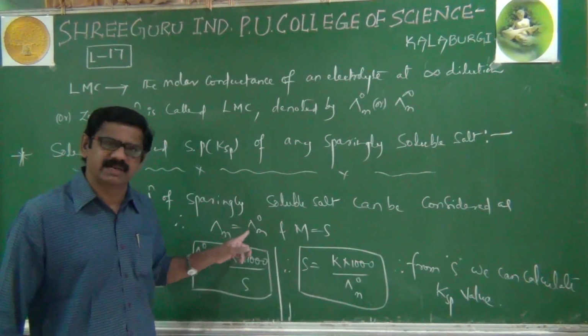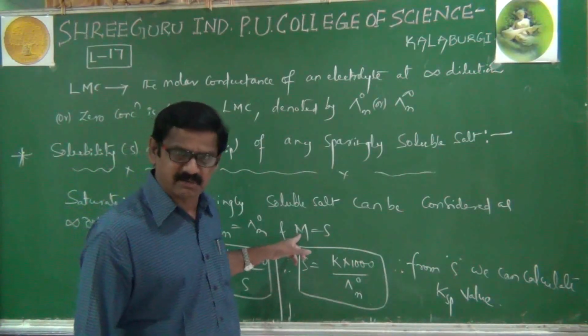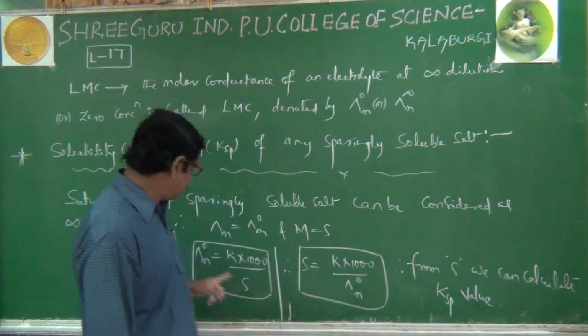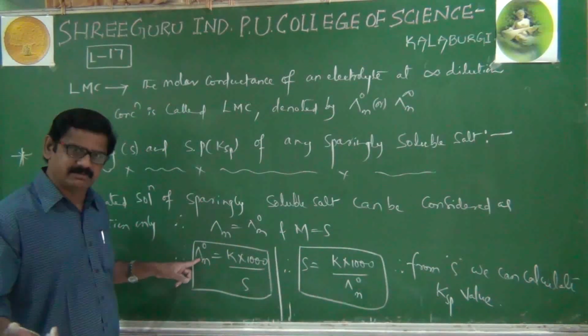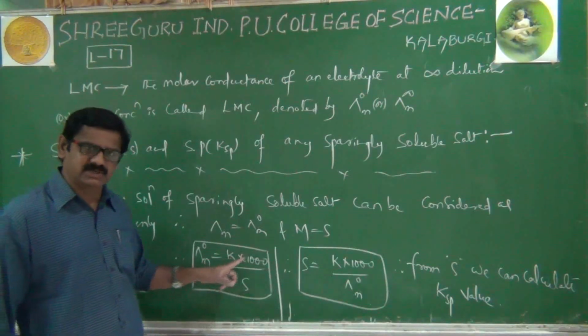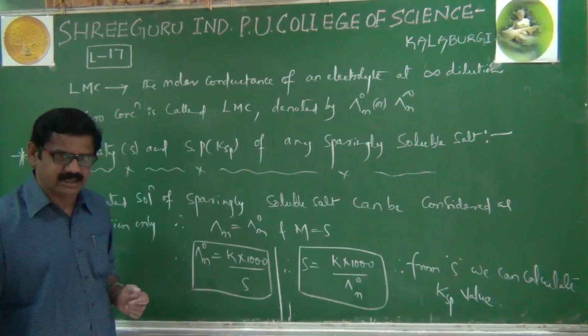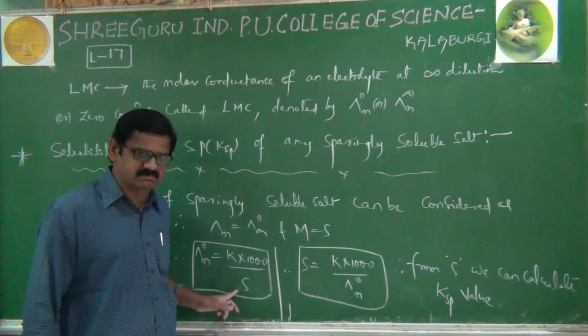Lambda m we can replace with lambda m naught, and molar solubility, nothing but molarity, we can also replace with the symbol S. Therefore, our molar conductivity formula lambda m or lambda m naught is equal to K into 1000 by S. Nothing but M, both are the same. I need a solubility formula, that's why I have replaced it with the S symbol.